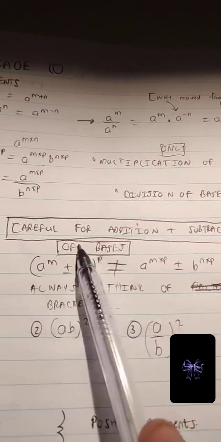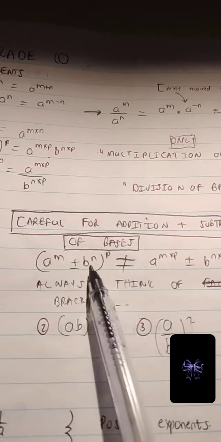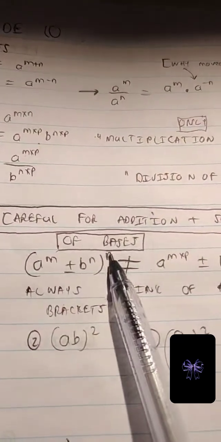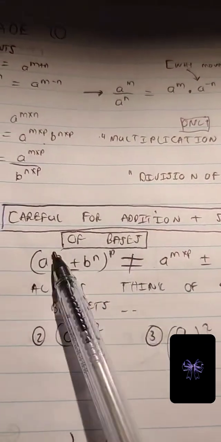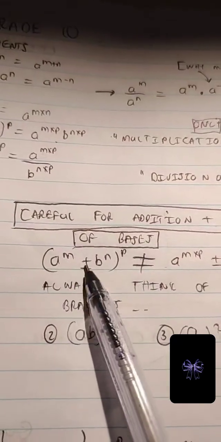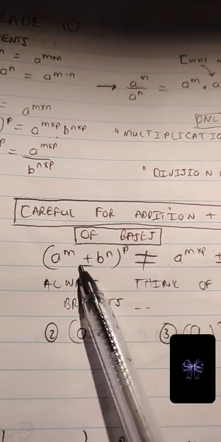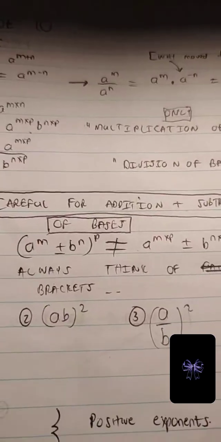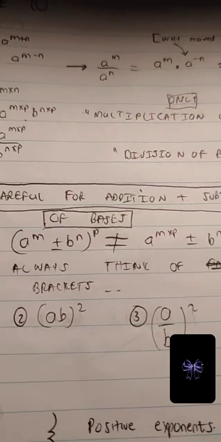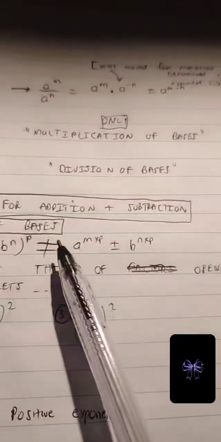So then I ask, what about the addition and subtraction of bases inside the bracket? Do we do the same thing with distributing the exponent when there's plus and minus between the bases? No, we do not. Exactly.